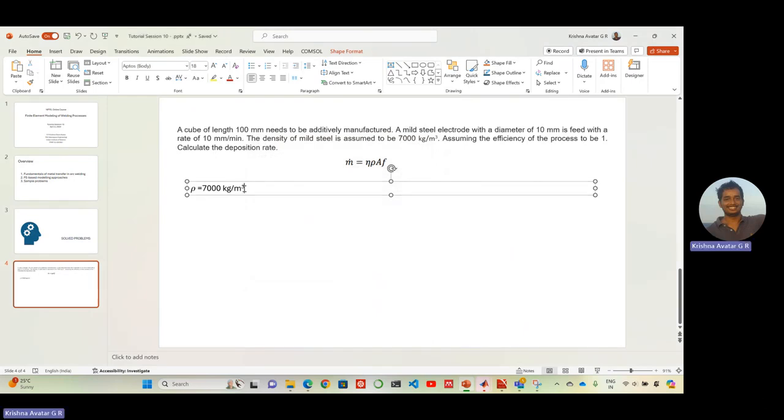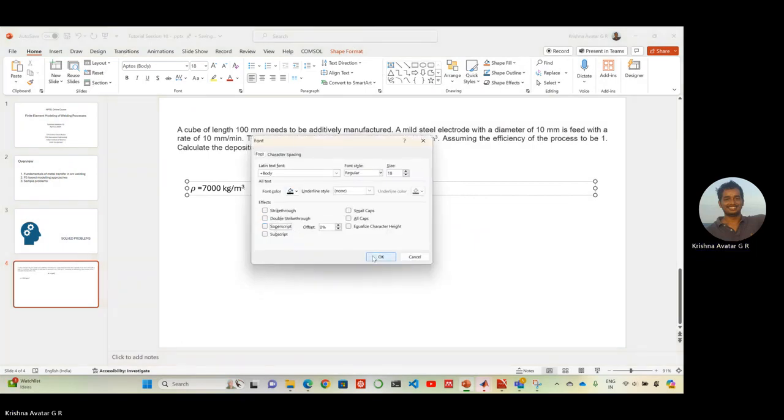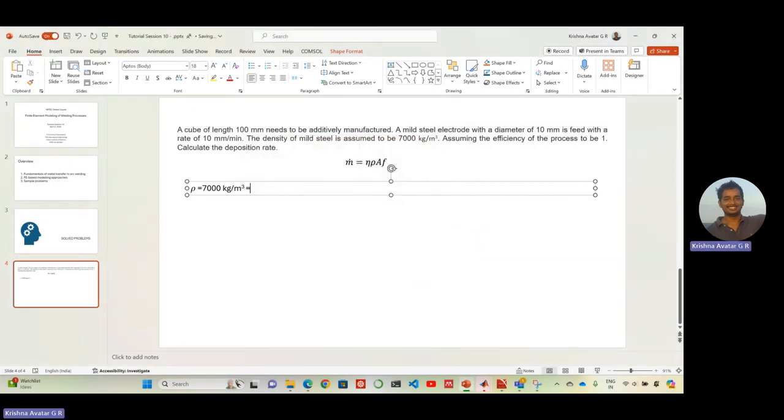So with this, we are able to convert it. We know that 1 meter is equal to 1,000 mm.